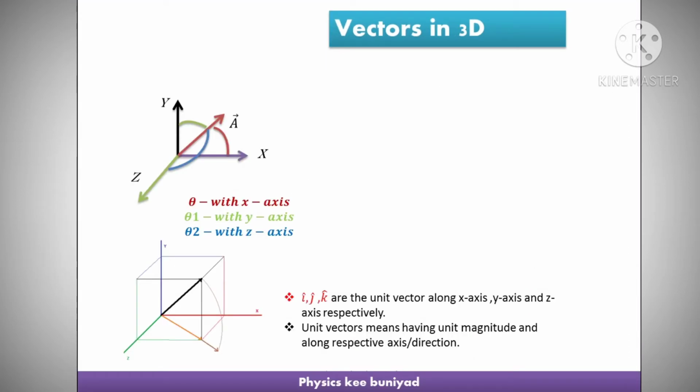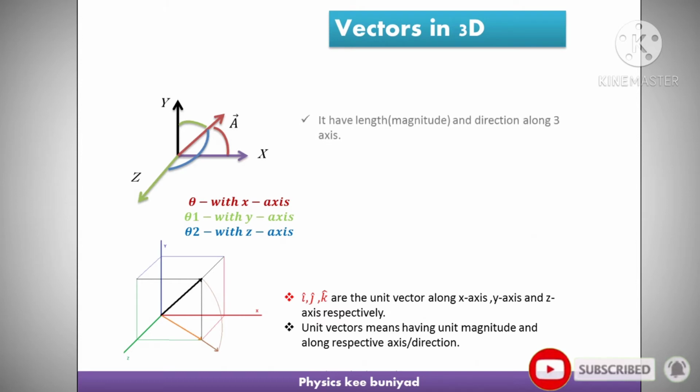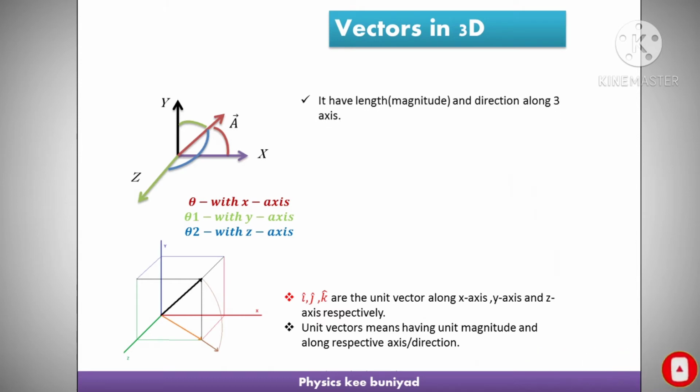Now similarly, if we talk about a vector in 3 dimensions, you can say 3D coordinates, the figure is here. It shows a vector A lying in the 3-dimensional space with x-axis, y-axis and z-axis.